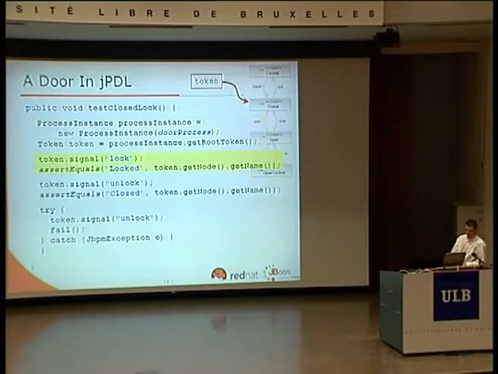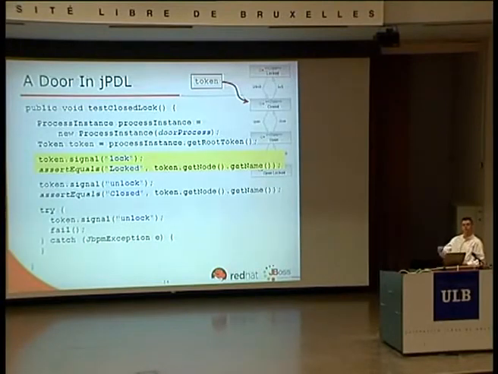So now we're going to invoke the signal method, which means this is an external trigger so that the state machine will take a transition. In this case, we're going to look for the lock transition and take it, and then inside of the signal method, we are going to do the calculations until you end up in a new wait state.